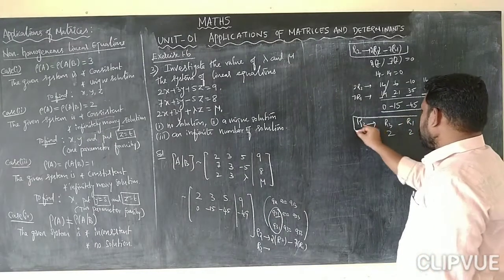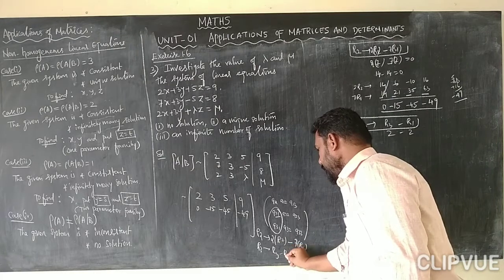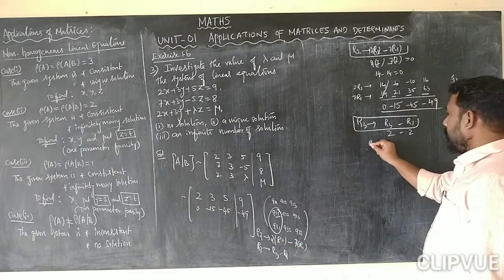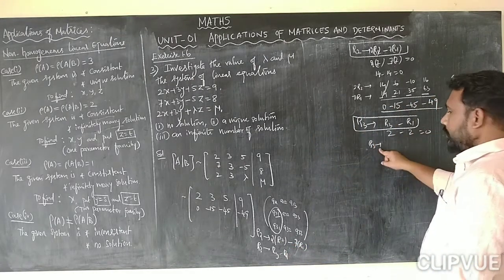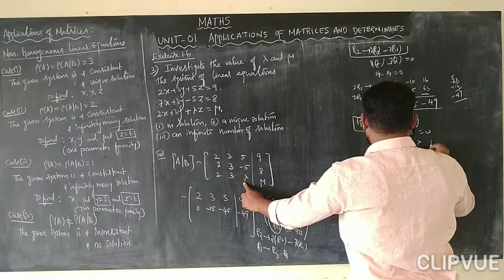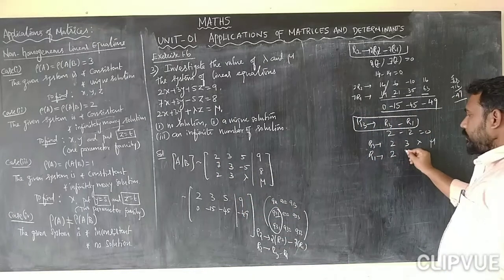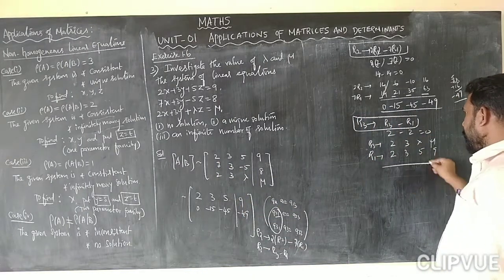Therefore, R3 minus R1. R3 is 2, 3, lambda, mu. R1 is 2, 3, 5, 9. Okay.